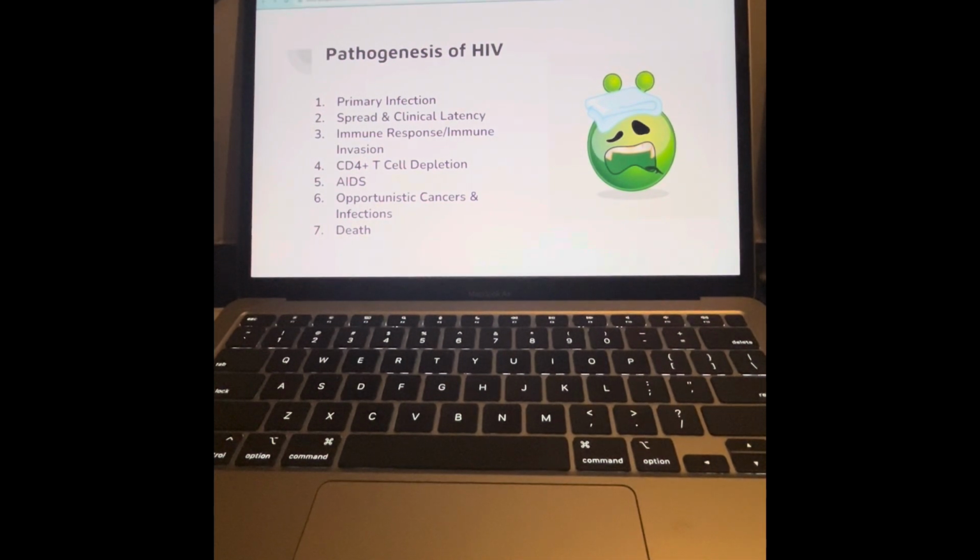The criteria for AIDS is a T cell count less than 200 cells per microliter, in addition to some sort of opportunistic infection.